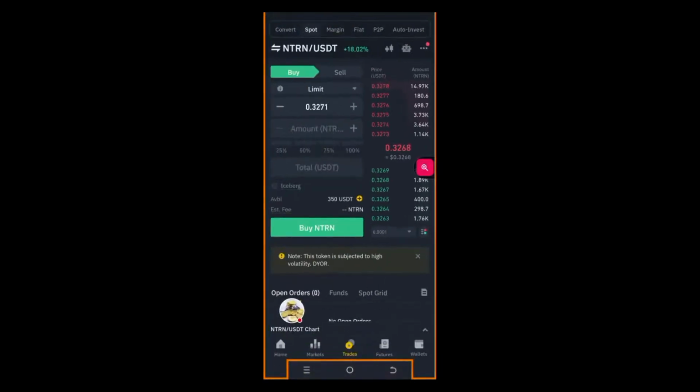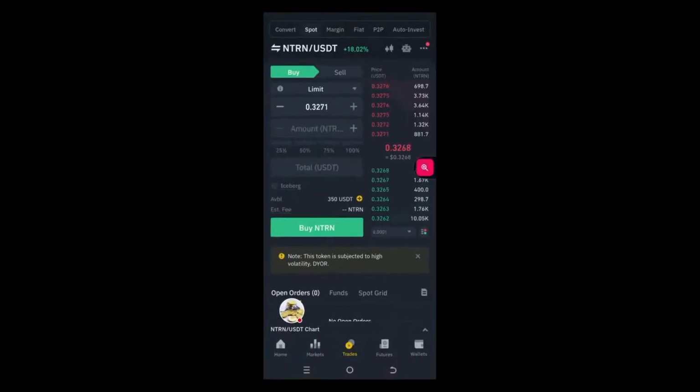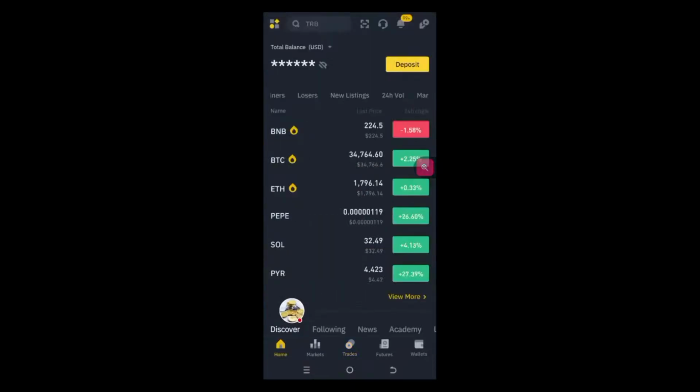People are interested in buying the coin, even though I'm not seeing much velocity and volatility in the price. But anyway, that's the concept behind new listings: if it's new, it should still give you the new vibes and people will still want to buy it. And that's the concept behind choosing either gainers, losers, or new listings.